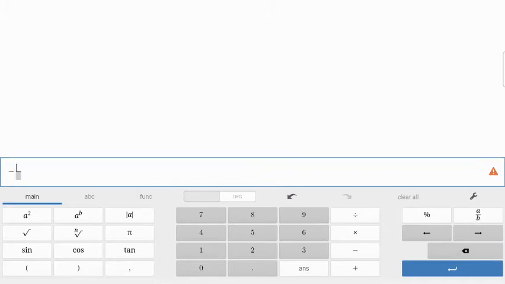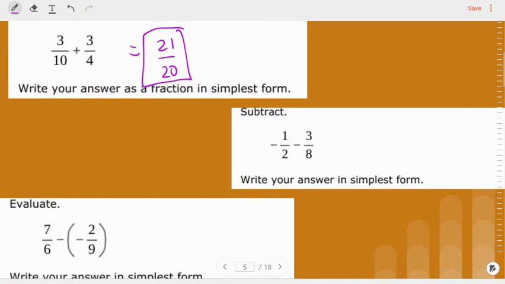Negative, click the fraction, -1/2, arrow over or tap to the side, minus 3/8, equals -0.875, and as a fraction, when I click that button, -7/8.